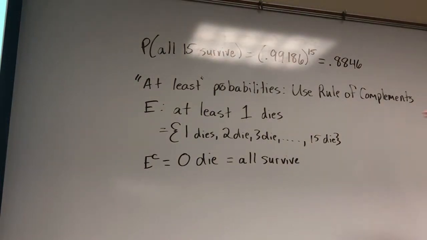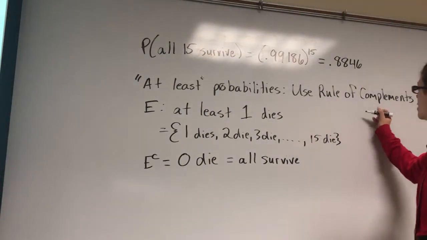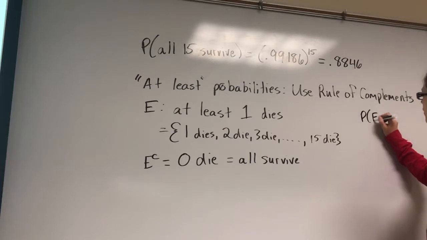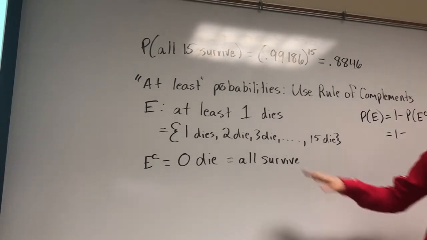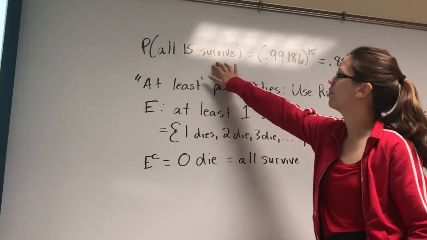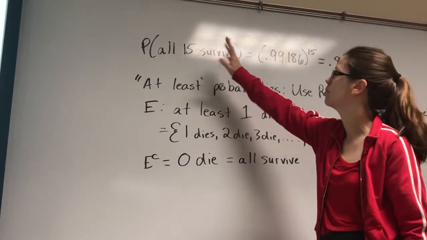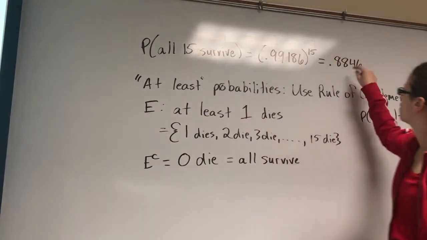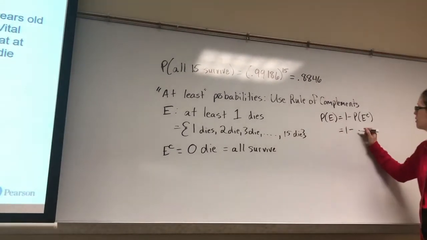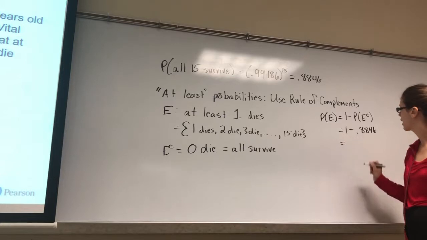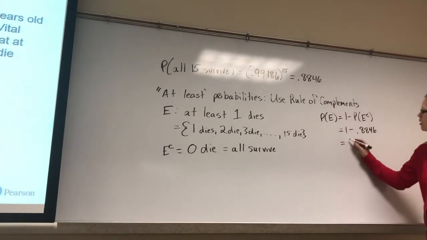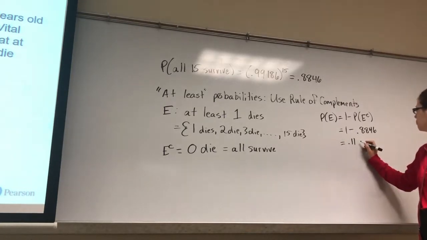So if we want to find the probability of E where at least 1 dies, that's going to be 1 minus the probability of E complement. So 1 minus the probability that all of them survive, which we found up here, a little prematurely, apologize about that. But this one we already found to be 0.8846. So if we subtract those out, we get 0.1154.